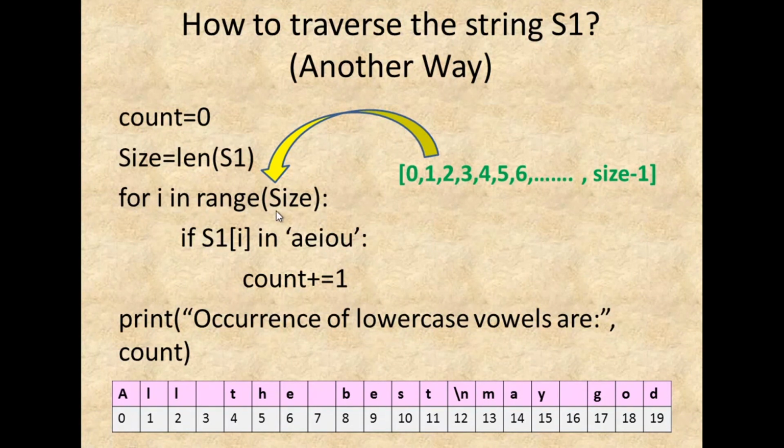So this will create a list of values starting from 0 to size -1. Now all these are the indexes. Can you see the indexes are beginning from 0 and they are going till n-1, so size -1. So here you can see now I am not going by the value which is there in the list or in the string. I am going by the index numbers.